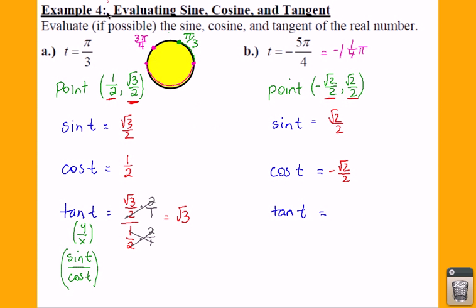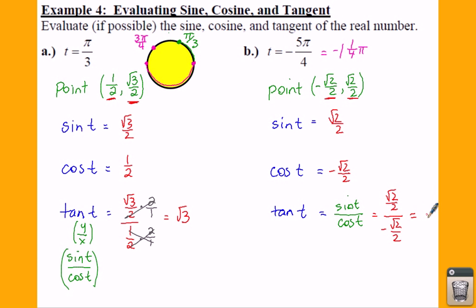And then tangent, once again, is sine of t divided by cosine of t. So we're going to take radical 2 over 2 divided by negative radical 2 over 2. These are the same thing, except one's positive, one's negative.